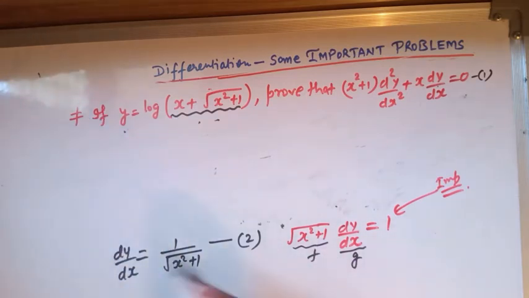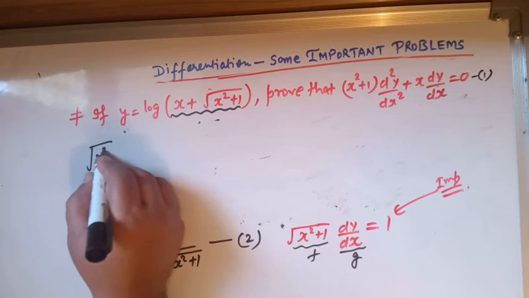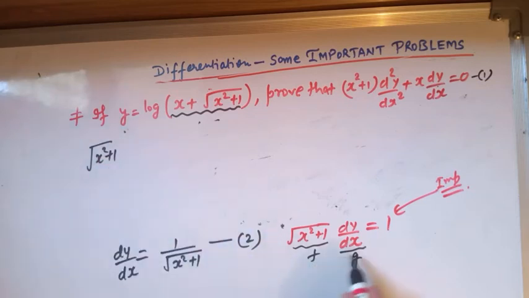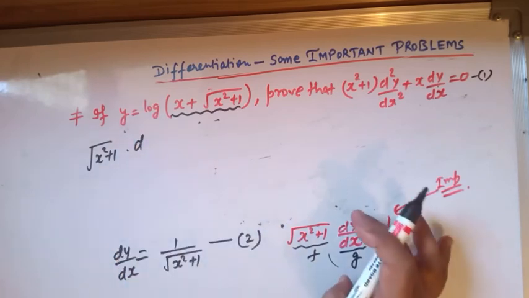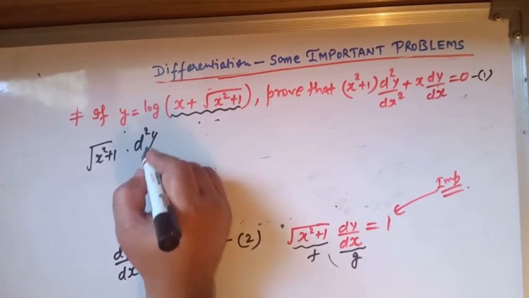So square root of x square plus 1, first function, derivative of this function. So the derivative of this function is the second derivative. Clear?